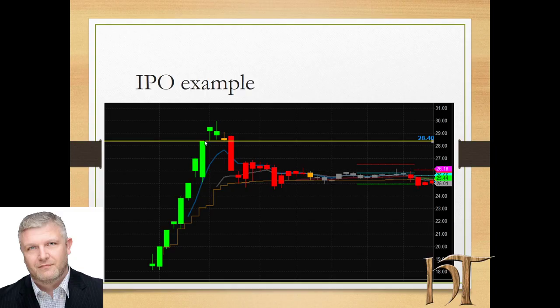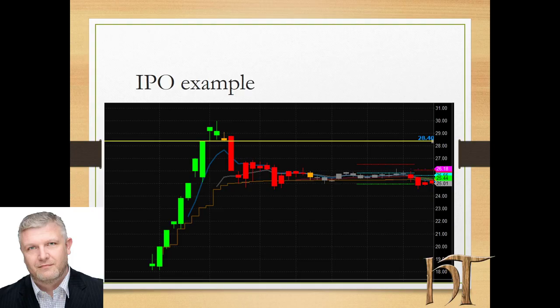Same thing here. It's halted, and then pulls back. So we've got a couple of halts on the way as well.